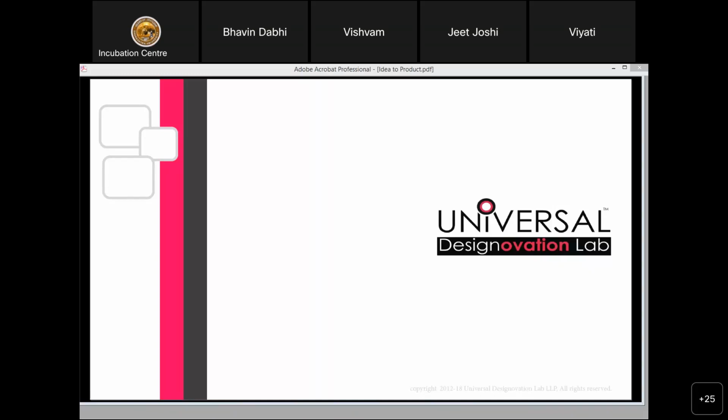Today, what we are focusing on in this impact series first session is idea to product. In the first half of today's session, we try to derive something on this path of idea to product: what are the approaches whenever a product is developed with national or international impact.